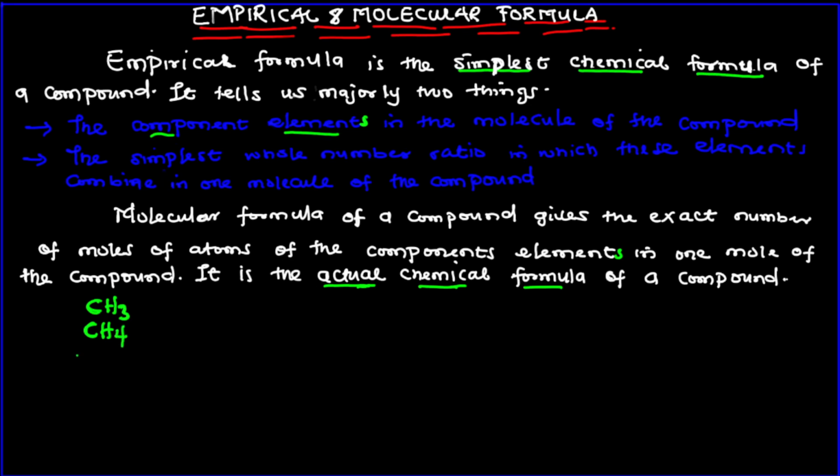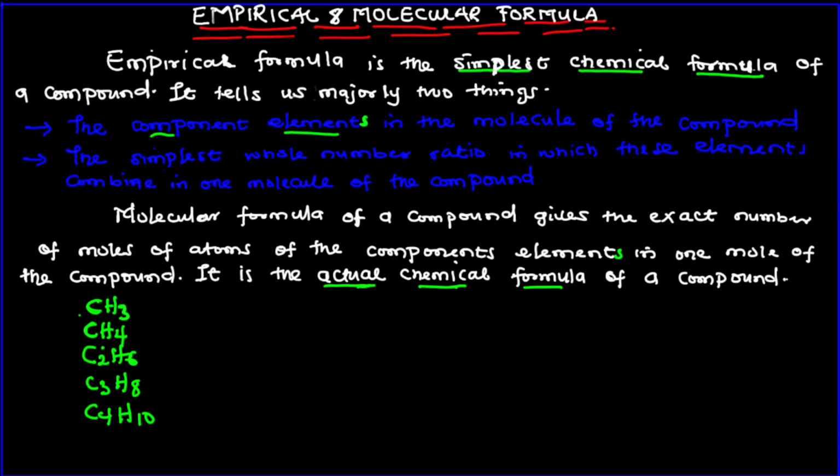So we have CH4, C2H6, that's ethane, C3H8, C4H10. So we are using the alkane series plus this methyl group to explain what empirical and molecular formula is.